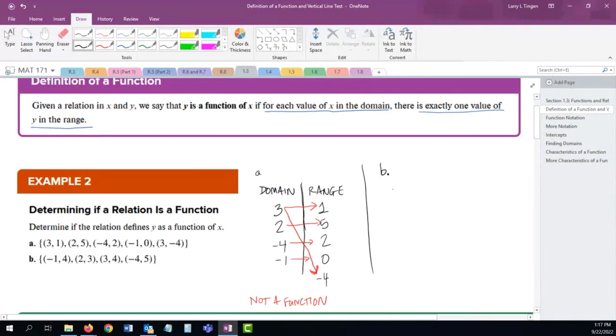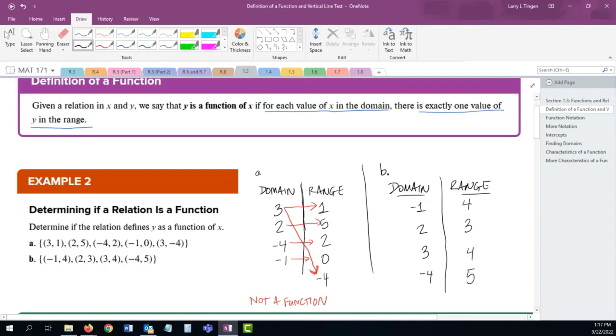of a function. Now, for letter B, my domain and range, and I'm down here in this example too. I'm just pulling all the x values out: -1, 2, 3, -4, and then the range is 4, 3, 4, and 5.